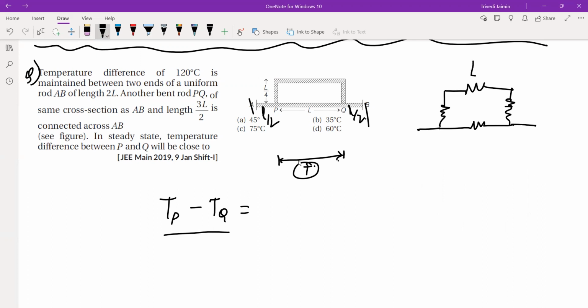L. L means R here. And this length was L by 4, means R by 4. So this is also R by 4. This is R. And this is R by 2. Length is directly proportional to resistance. That's what we are taking as resistance.